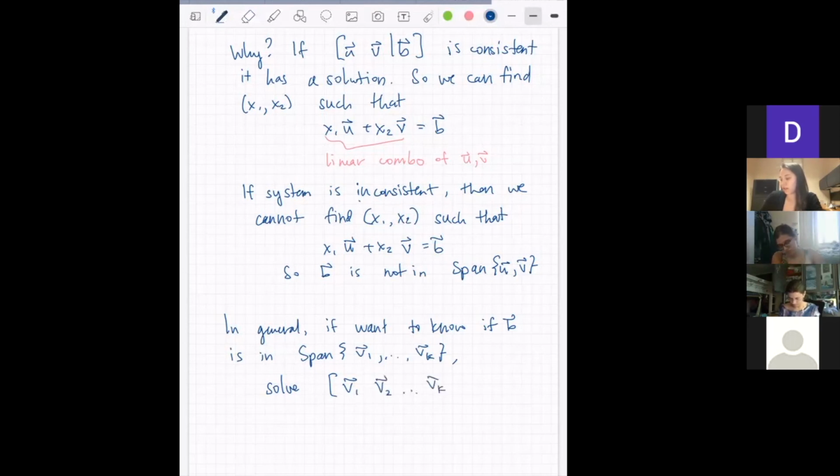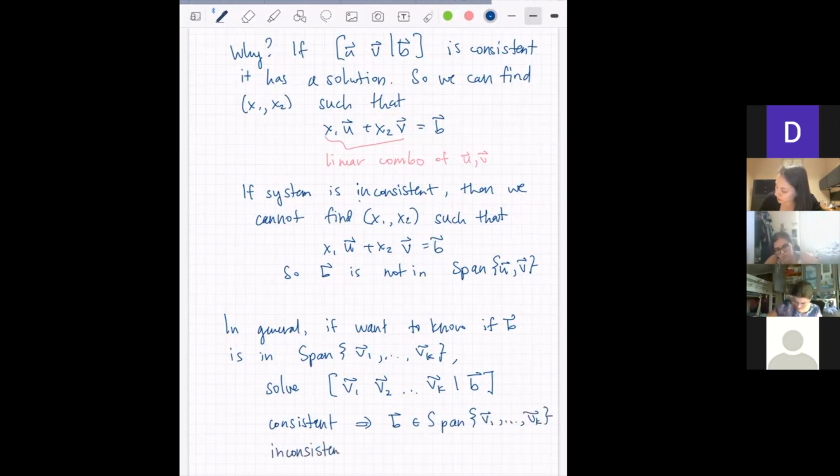So you just take all of the vectors that are forming the span, you augment with the vector that you want to know whether it's in the span or not, and then if you get a consistent system, it is in the span. Inconsistent means it's not in the span. So consistent means b is in the span, and inconsistent means b is not in the span.